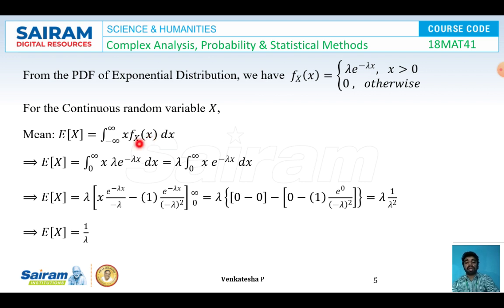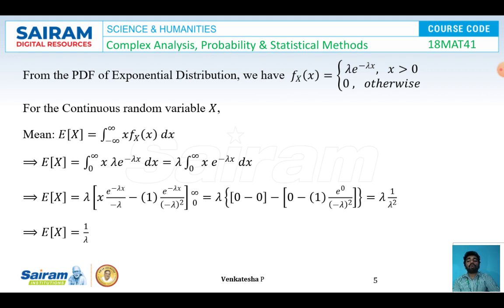Now in the place of the PDF, I am going to replace lambda e^(-lambda x) for x greater than 0. So I get the expression expectation of X is equal to the integral from 0 to infinity of x times lambda e^(-lambda x) dx. It will be equal to lambda times the integral from 0 to infinity of x e^(-lambda x) dx.